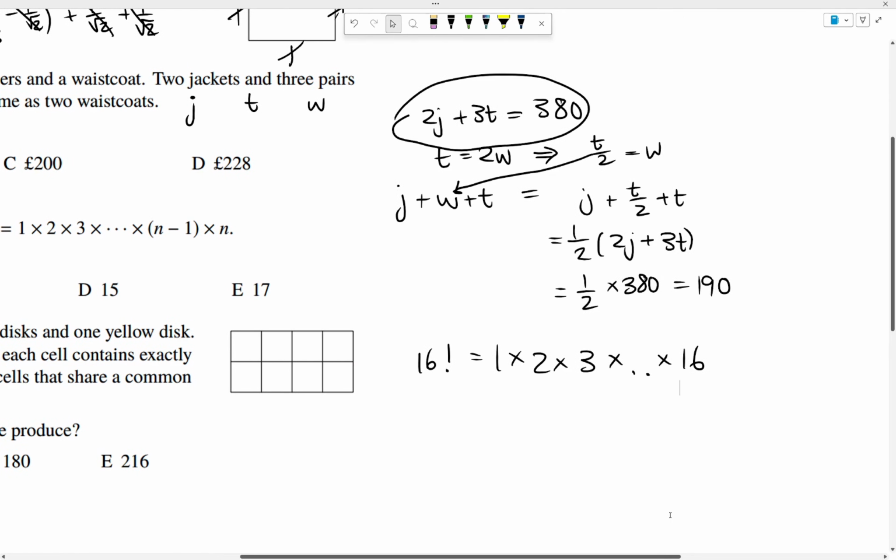So one way of approaching this would be to see what the highest power of 2 which divides 16 factorial is. The only numbers which are going to be contributing factors which are powers of 2 are even numbers. So I'm going to list out all the even numbers from 2 to 16.